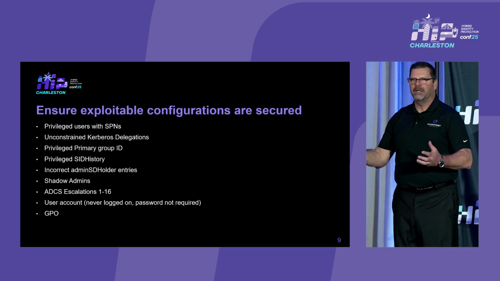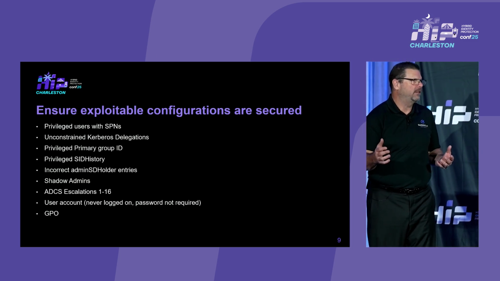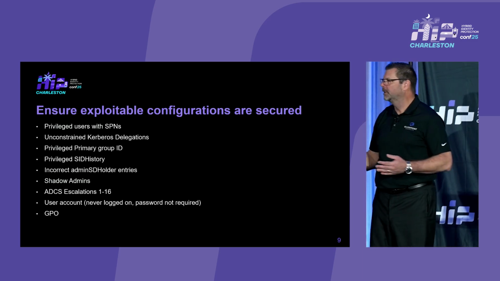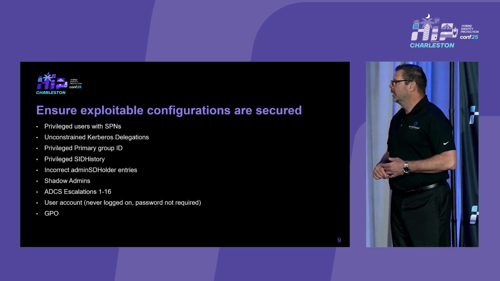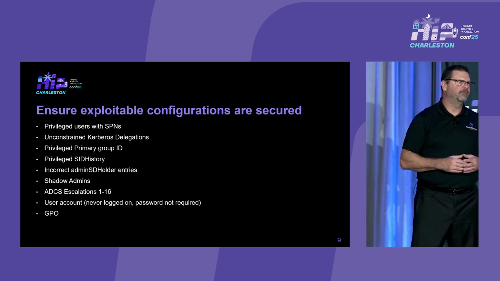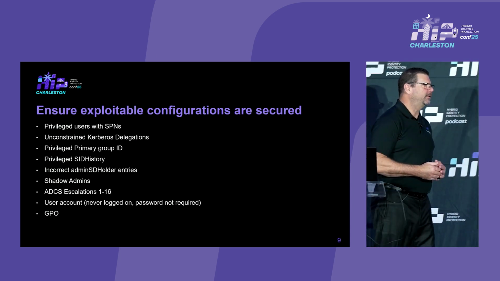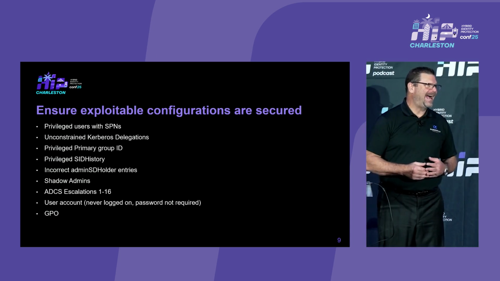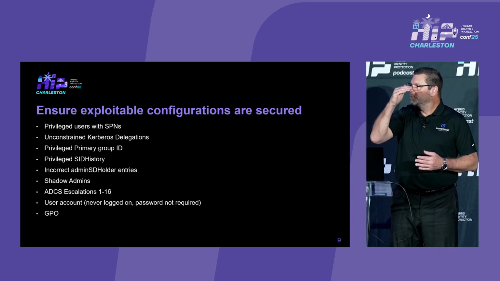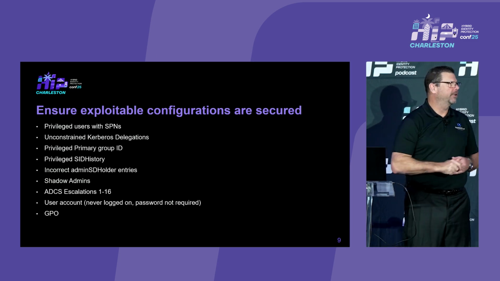So again, what you need to do is look at it and say, hey, can I increase the security of the delegation, right? Can I go to constrained Kerberos delegation? Can I go to resource-based controls? These are things that you can do to reduce the attack surface. Unfortunately, Kerberos has a lot of different issues with it, and it can be attacked, especially with these delegations at all 4 levels. But the risk is reduced as you get a more secure Kerberos delegation.